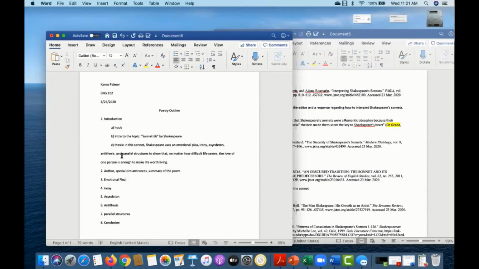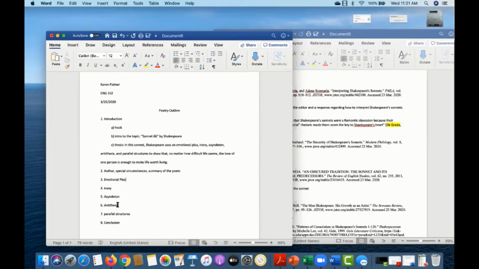So in this sonnet, there aren't really stanzas. But what I'm going to do and what you'll see is that my strategies here, or the elements of poetry, go in order of the poem, of the sonnet. So my emotional example is line 1. My irony example is lines 2 and 3. My asyndeton example is basically 4 through 7.